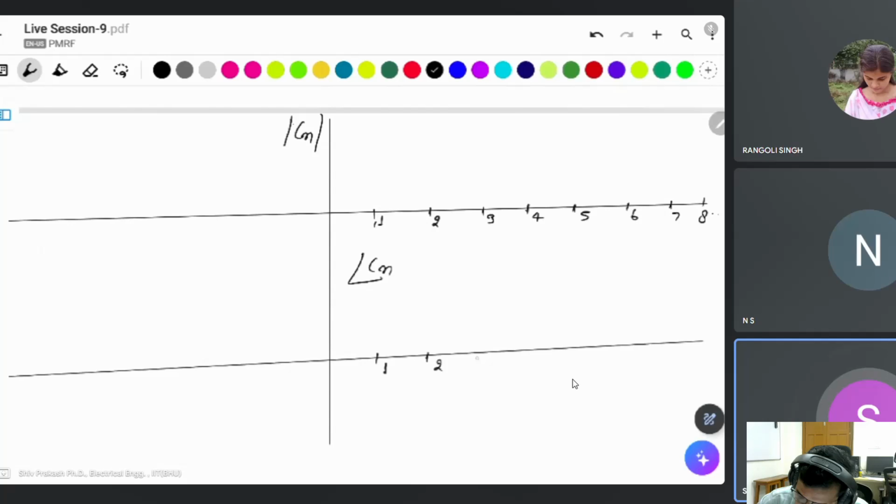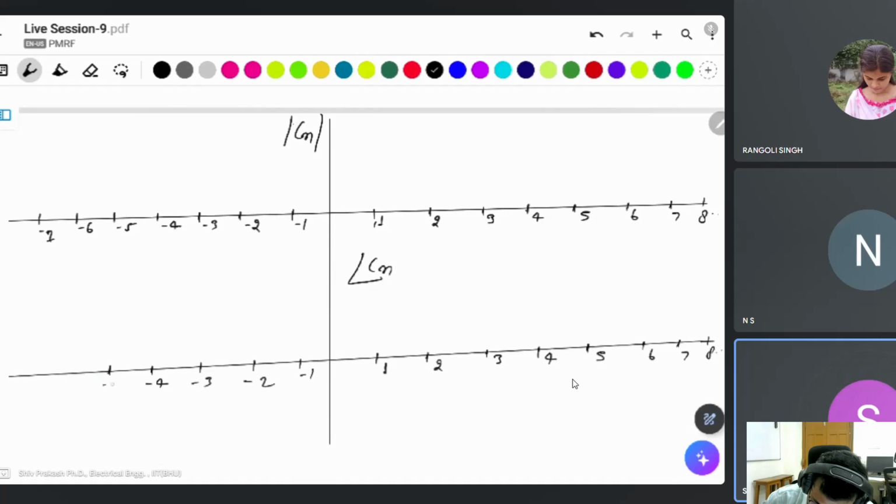There, negative is also required, as both positive and negative frequencies are there: minus 1, minus 2, minus 3, minus 4, minus 5, minus 6, minus 7.